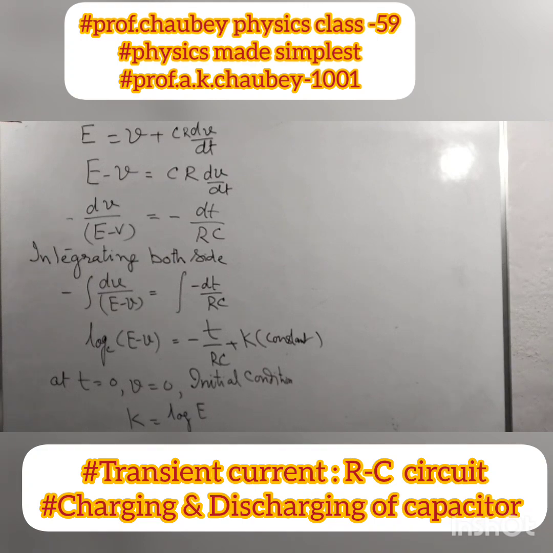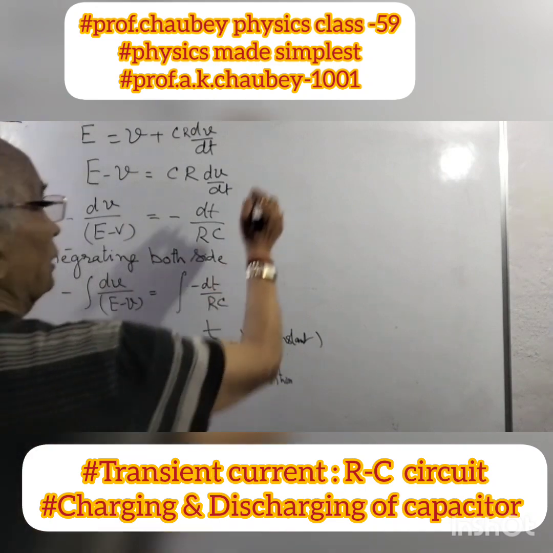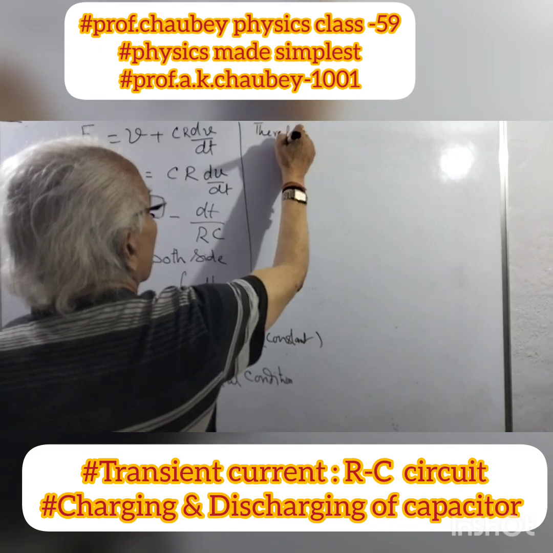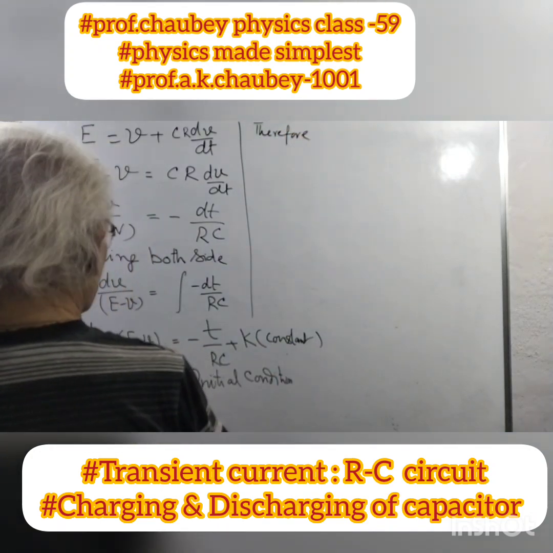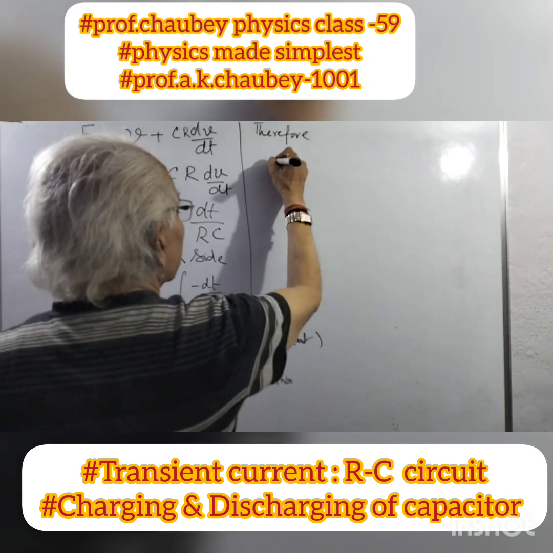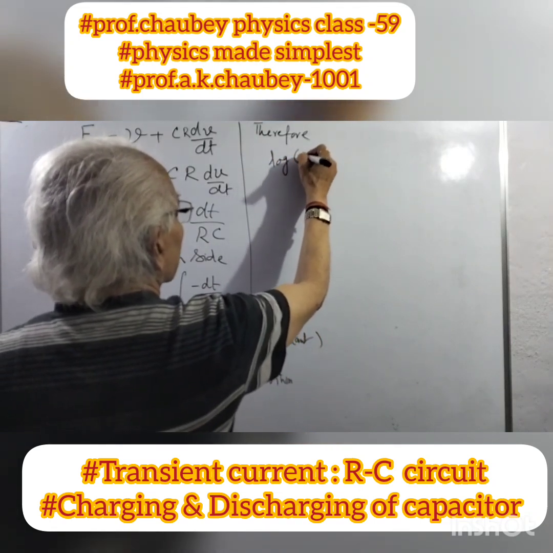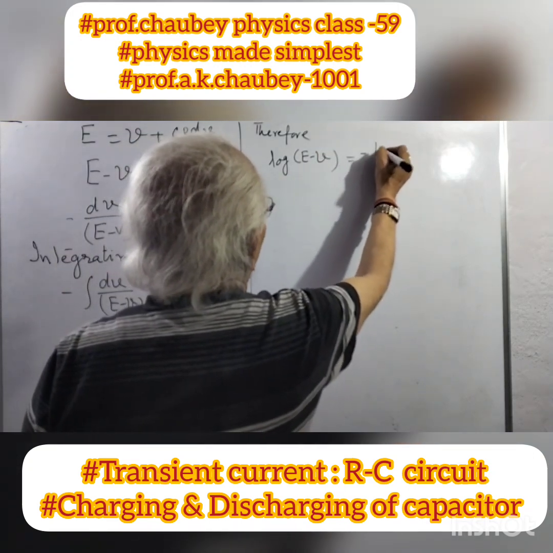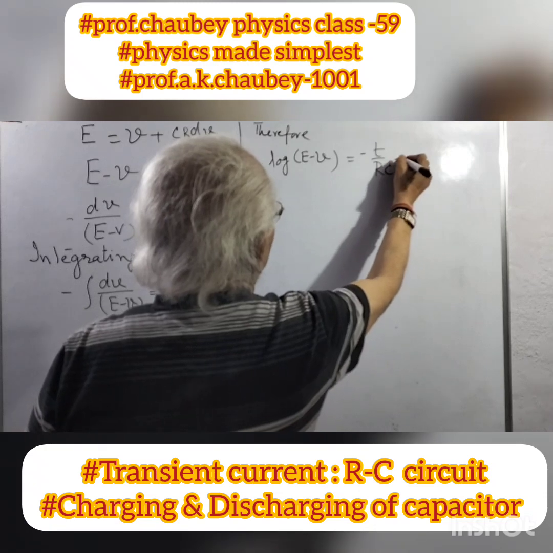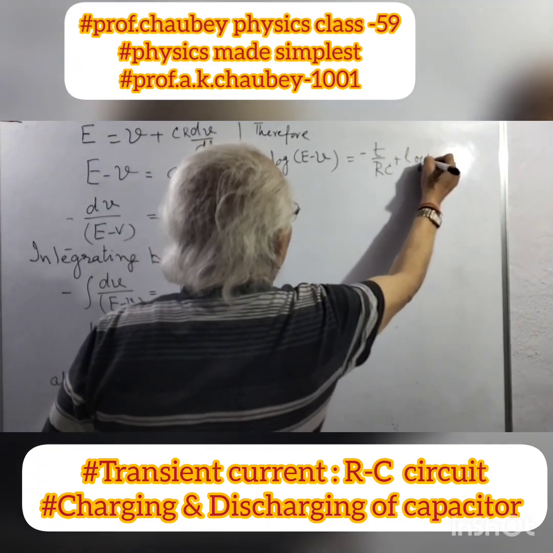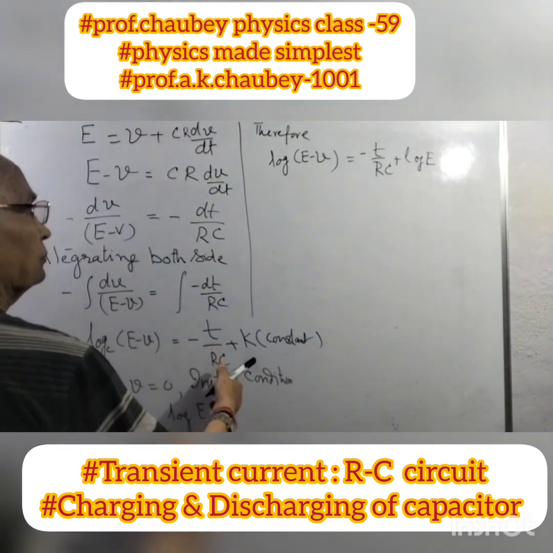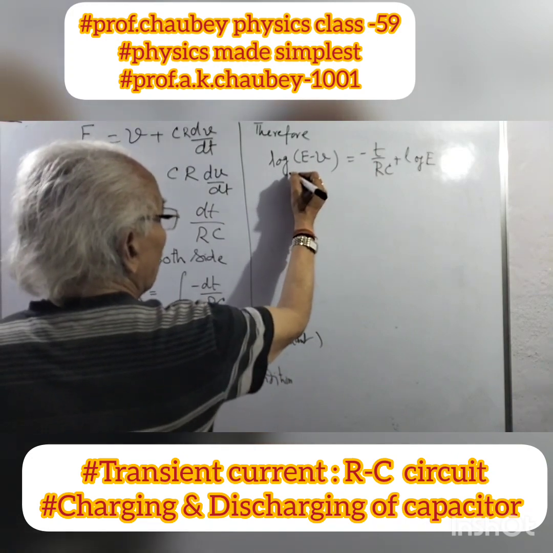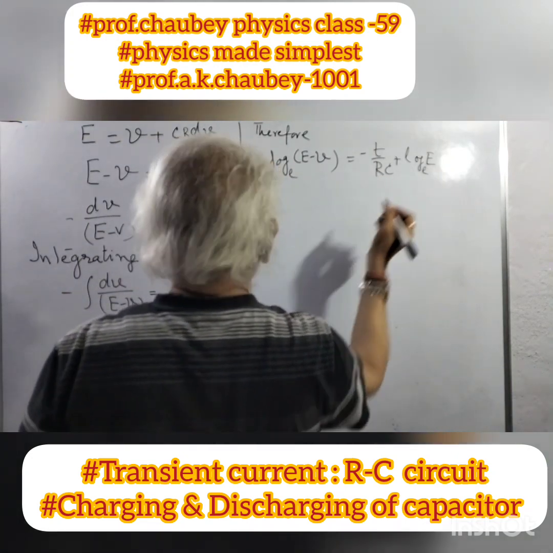Therefore, you can write this integral: log of E minus V is equal to minus t over RC plus log of E, where that is the constant K. Remember that this log is always on the base e.